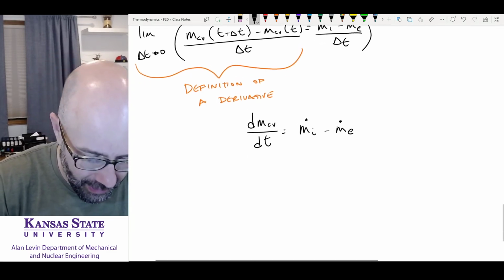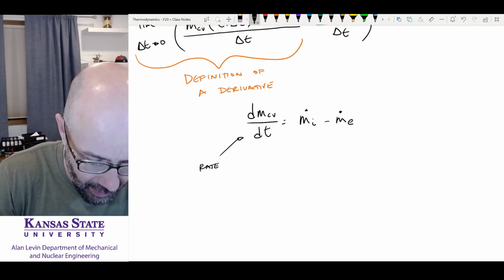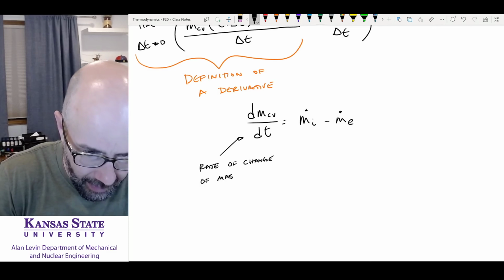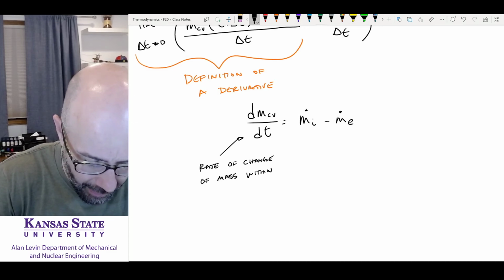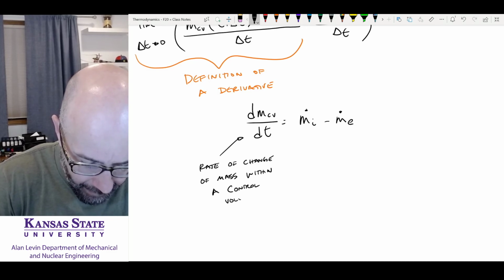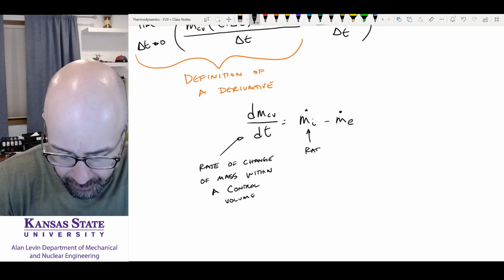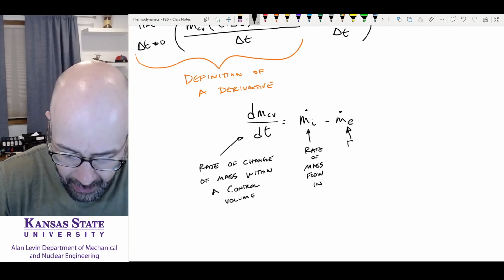So let's put this in words. This is going to be the rate of change of mass within a control volume. Okay, this is the rate of mass flow in. And this is the rate of mass flow exiting.